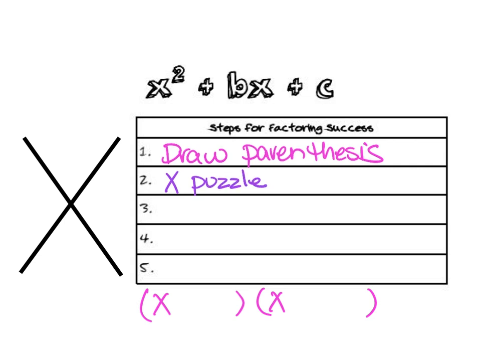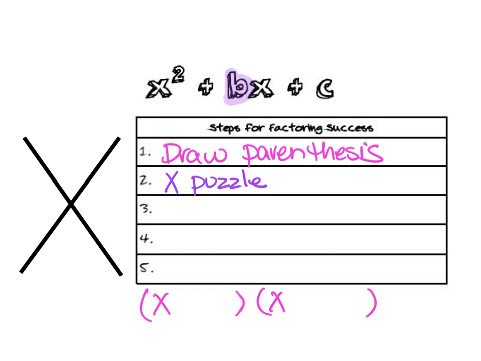So what I want to talk about here, and I'm going to try to color code this a little bit, is the b goes into the addition spot. This is the b right here.